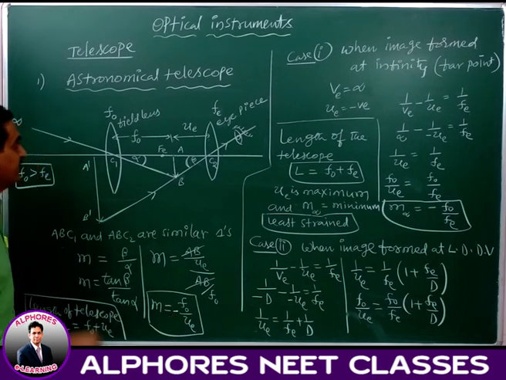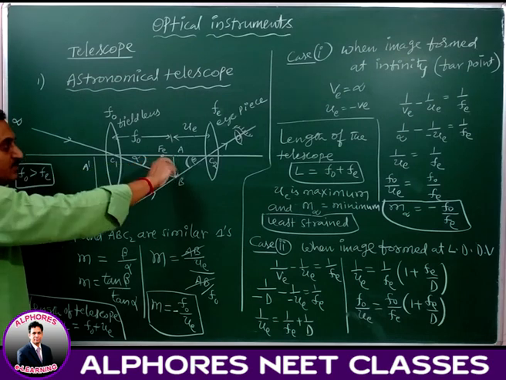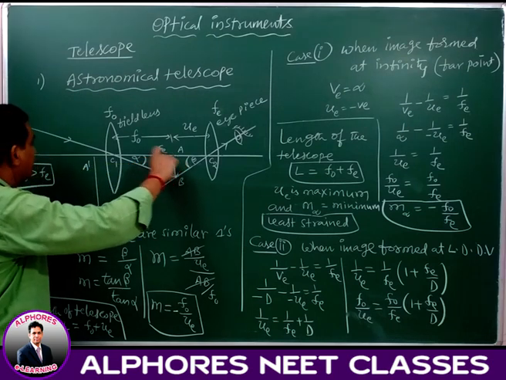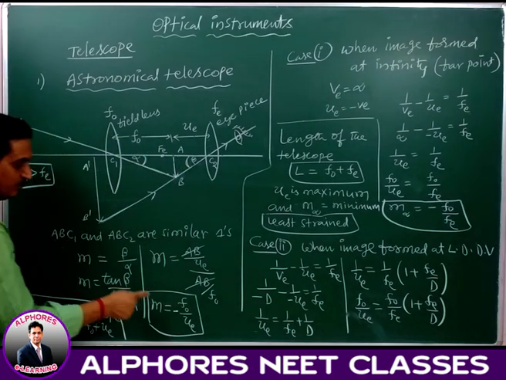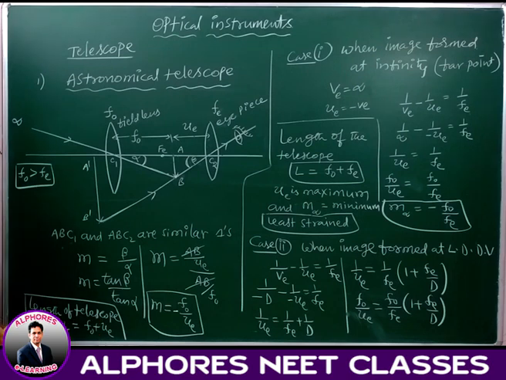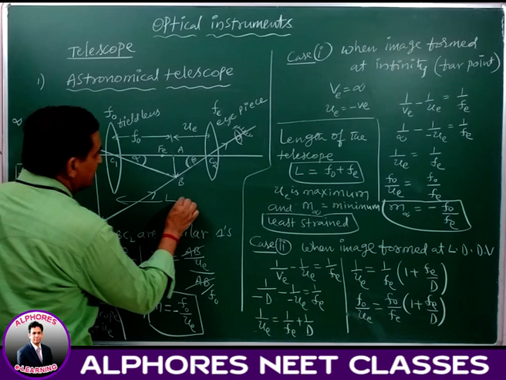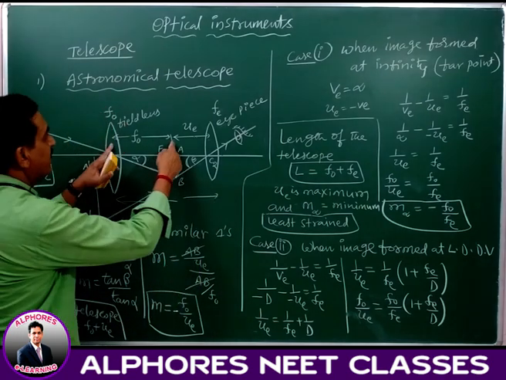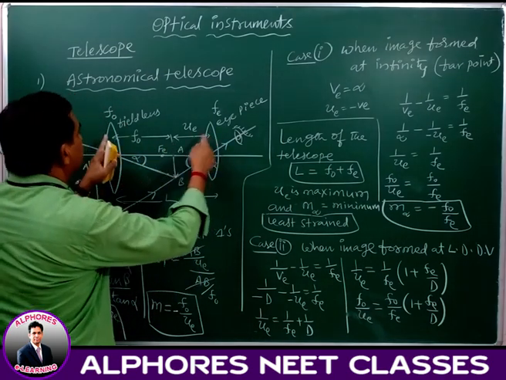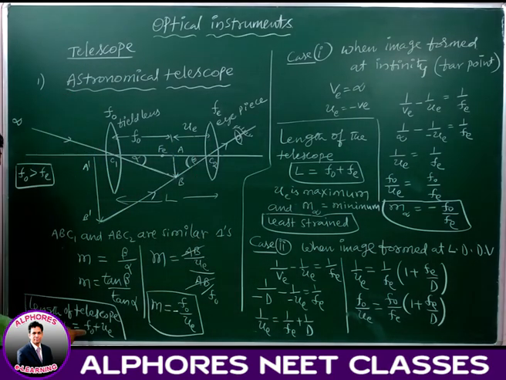Why? Because it is an inverted image. So this image is inverted compared to the object. Therefore magnification is negative. Now in this case, the length of the telescope means the distance between the two lenses, that is F naught plus UE. F naught plus UE is the length of the telescope.